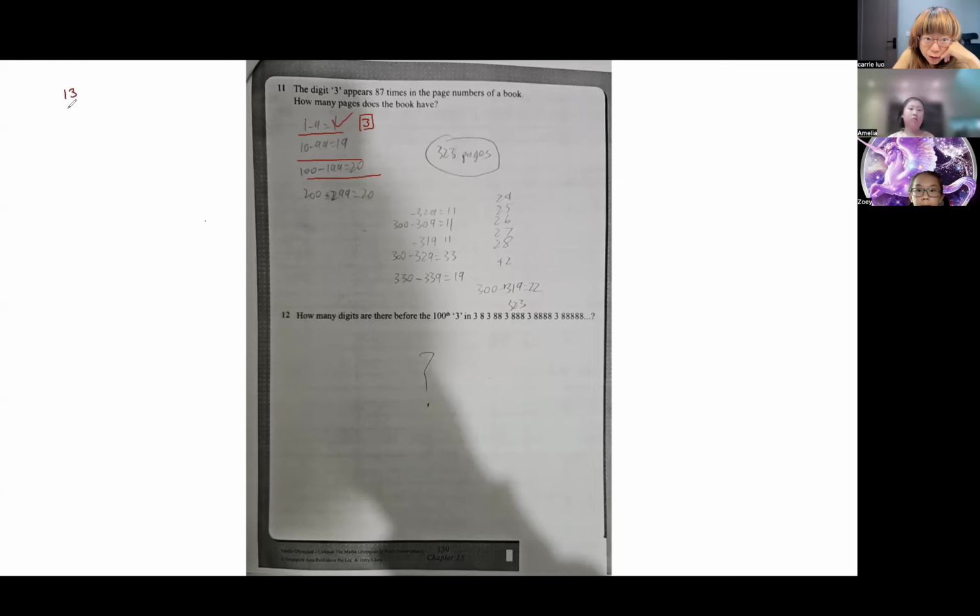So we have 13, 23, 33, 43, 53, 63, 73, 83, and 93, correct? And we have 103, 113, 123, 133, and all the way down there, right?